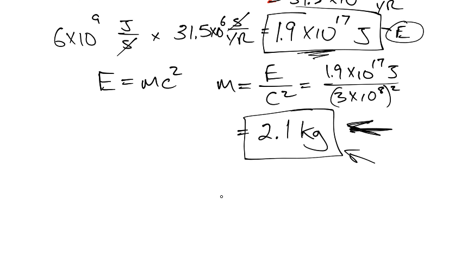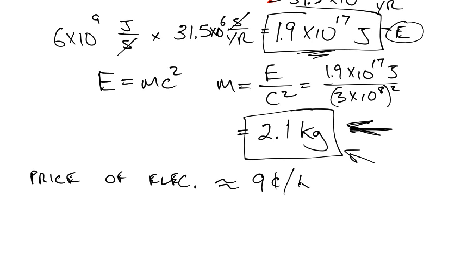Well, in order to calculate that, we're going to have to figure out what the price of electricity is. It depends on where you live, but I'm going to give a pretty rough estimate here. I'm going to say about 9 cents per kilowatt hour. Electricity is actually measured in pennies per kilowatt hour. That's how electrical utilities actually charge you for it.